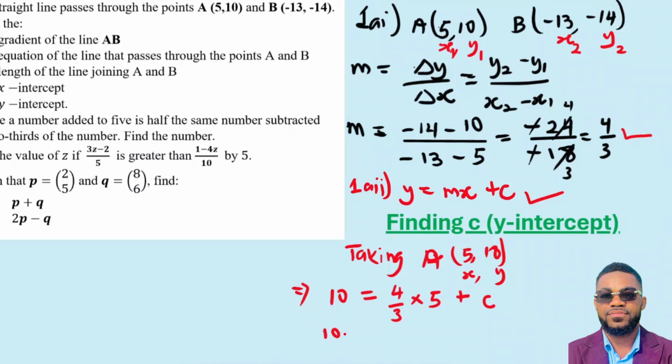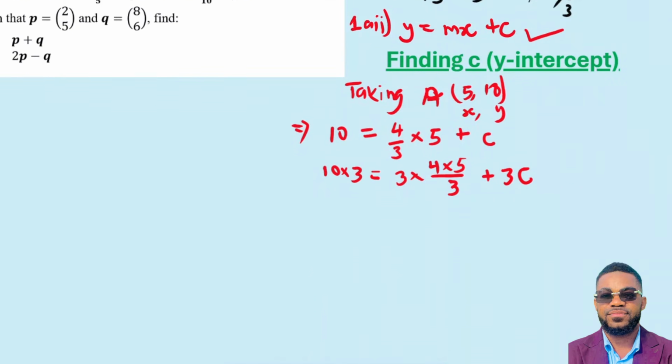That's going to be 10 times 3 equal to 3 times 4 times 5 on 3, plus 3 times c, which is 3c. Now, this 3 will just cancel this 3 here. So we have 10 times 3 is 30. So we have 30 is equal to 4 times 5, which is 20, plus 3c.